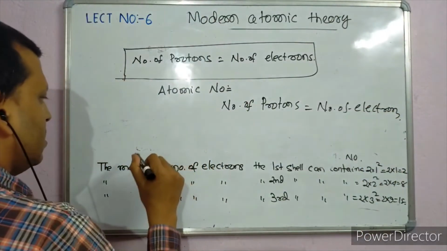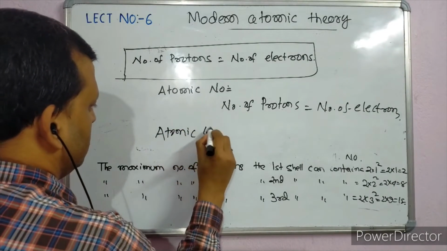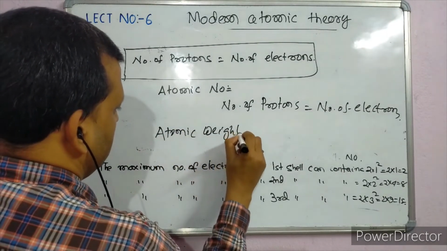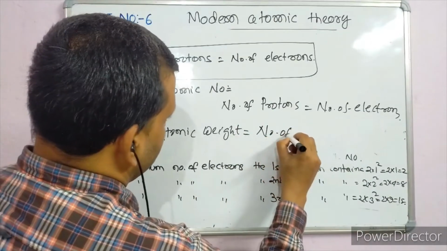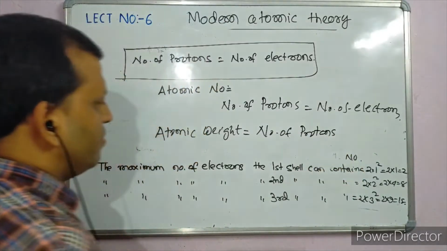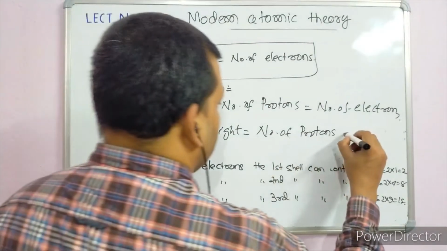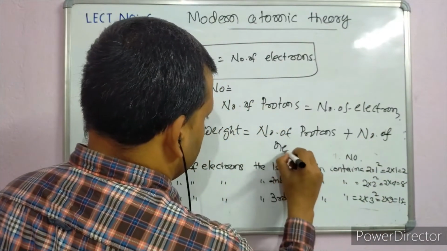Then atomic weight is equal to the number of protons contained by that atom plus the number of neutrons.